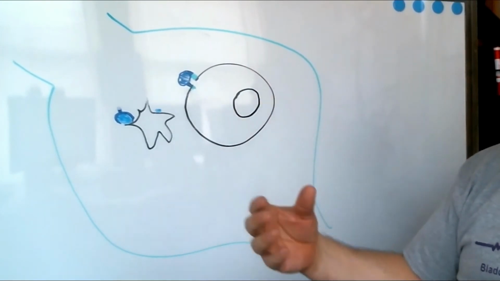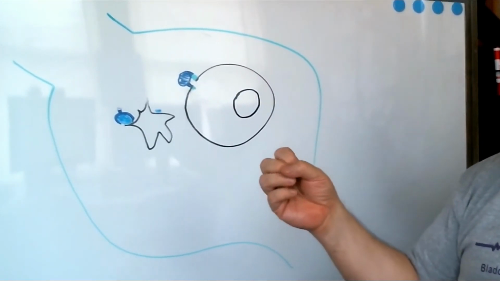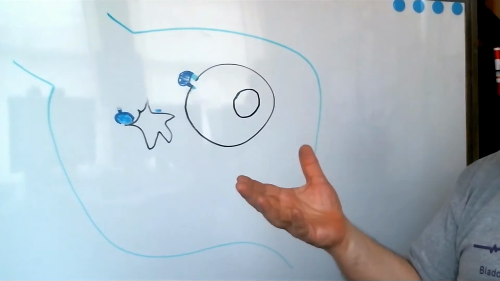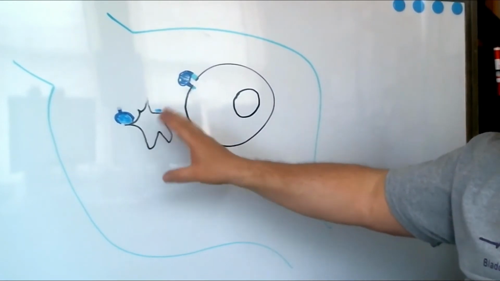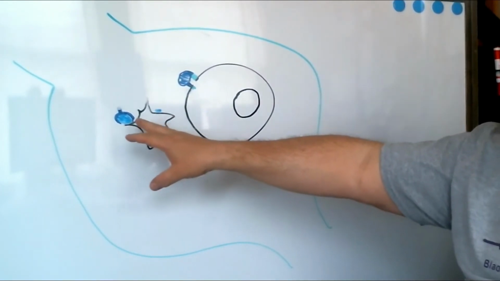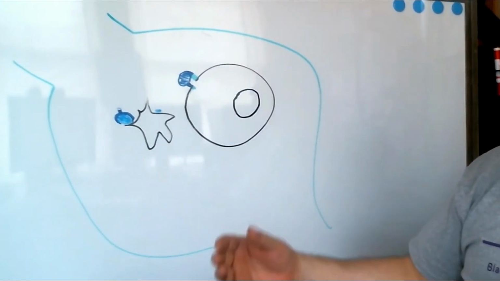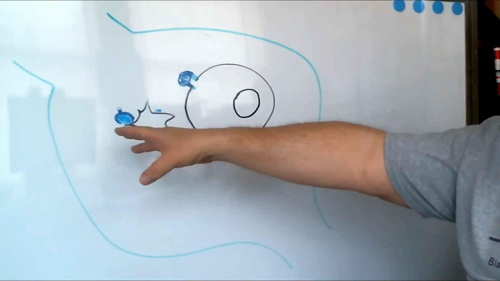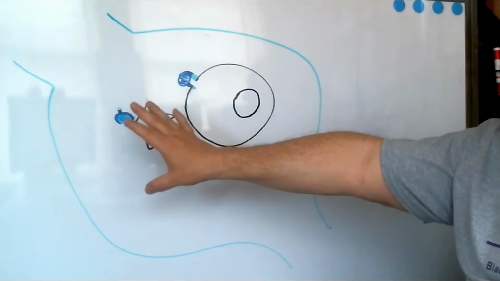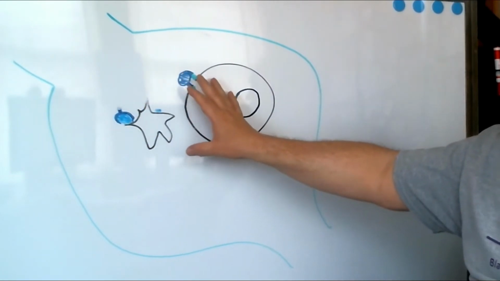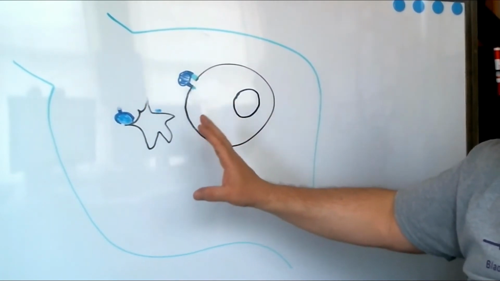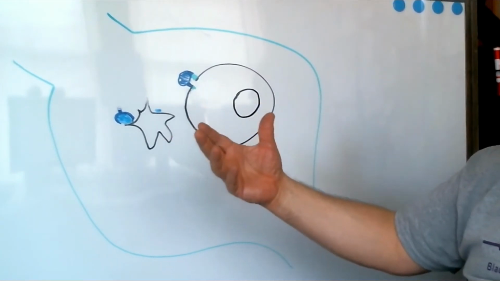So that will stop it from attaching. Now, there's a whole lot of these receptors on each one of these cells. I only drew one, but there's hundreds and hundreds of them. So they don't necessarily block them all, but they make it a lot less likely that it's going to end up attaching to that. And because they don't block them all, we can give them another kind of medicine too.